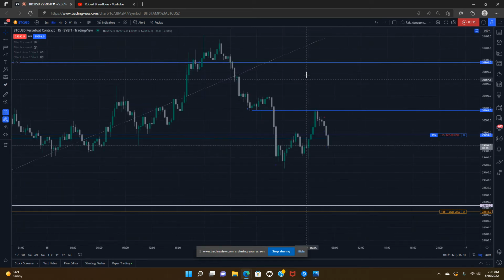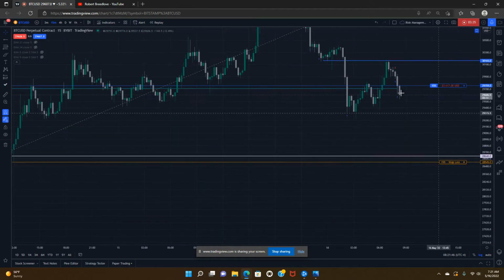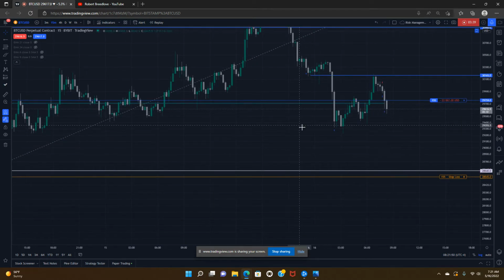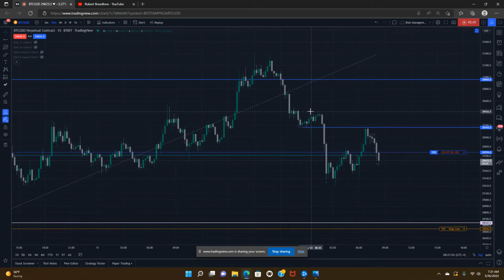So the question is now, where do I take profit? Generally, my stop loss is pretty far away from my entry, at least initially. But then my take profit is going to be much closer. So really the level I'm looking at here is this 30375.